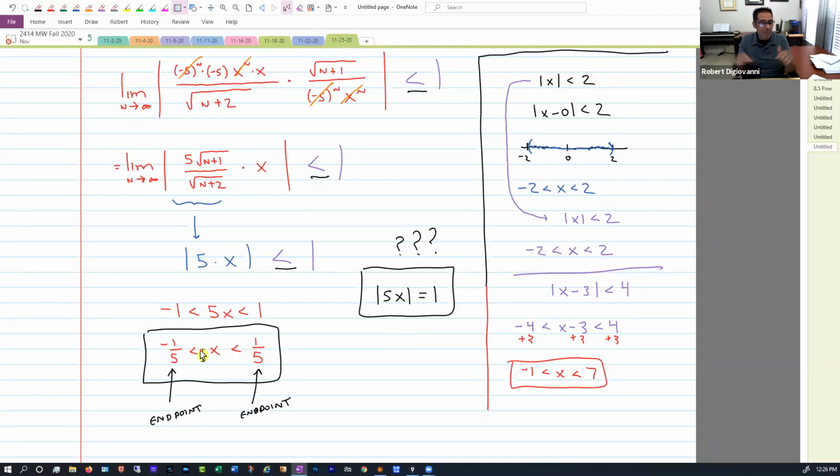We don't know what happens at those two numbers. Because if I plug 1/5 in, I'm going to get 1, and that's an inconclusive test. If I plug in negative 1/5, it's going to come out to be 1, and that's inconclusive, right? So now what we have to do is test each of these endpoints in the original series.